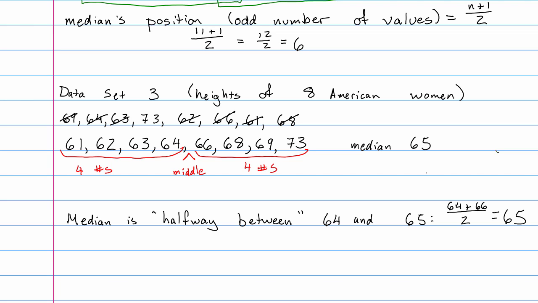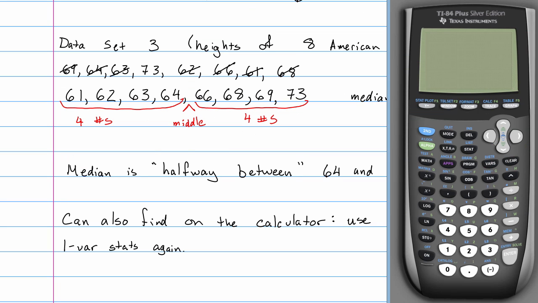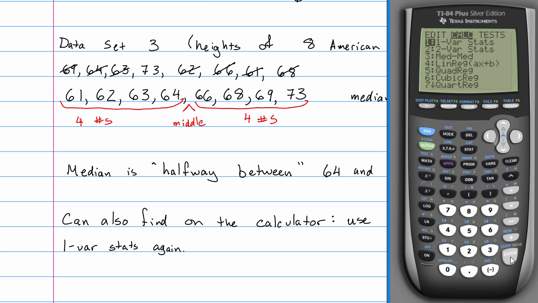Now, you might wonder, can we do this on the calculator also? And yes, we can. We'll use the 1var stats again. Choose our list. I'm going to do list 1 first.